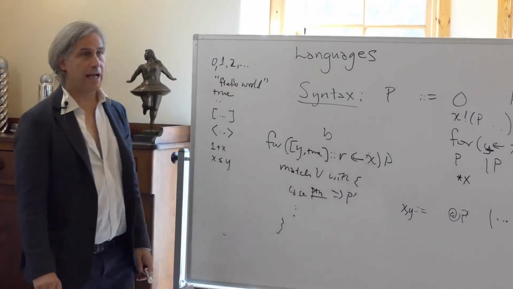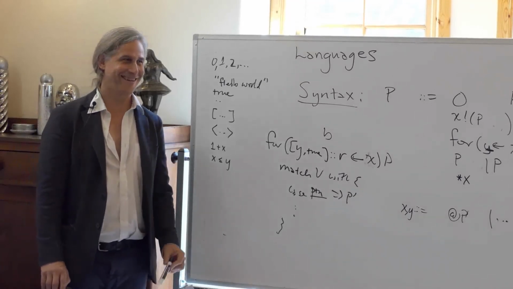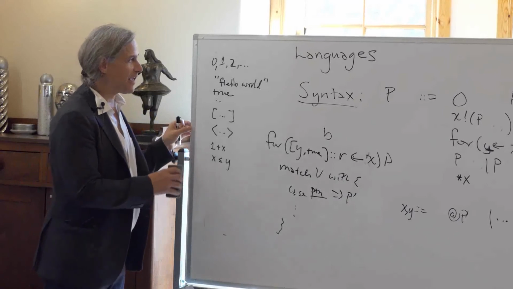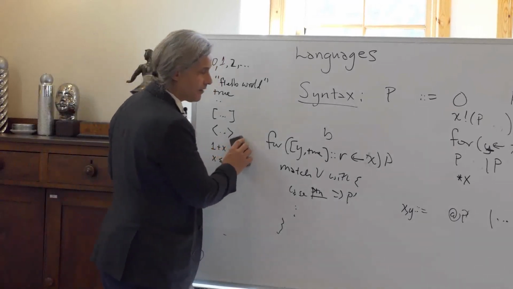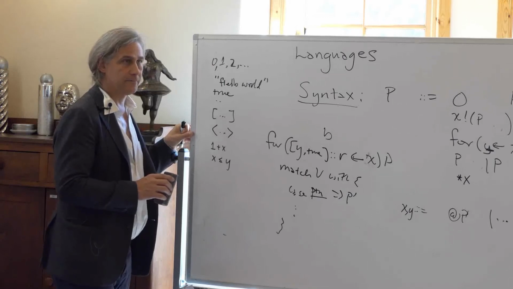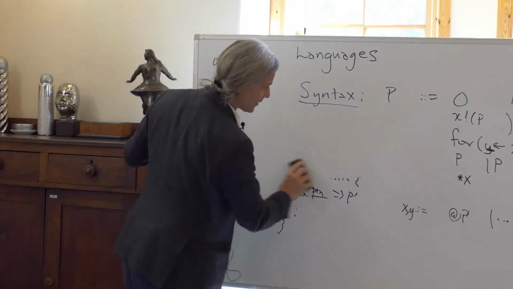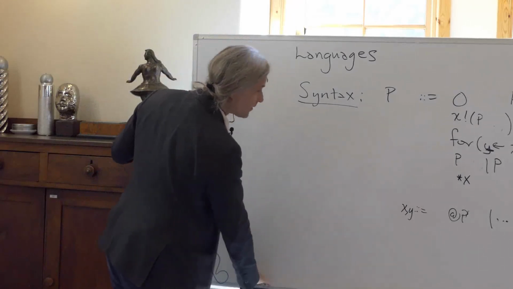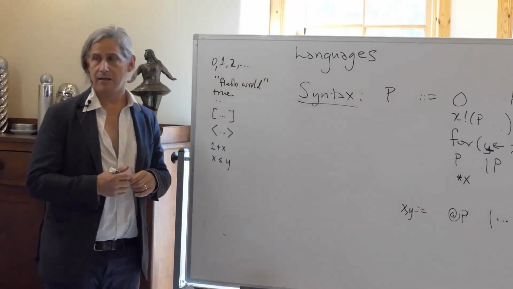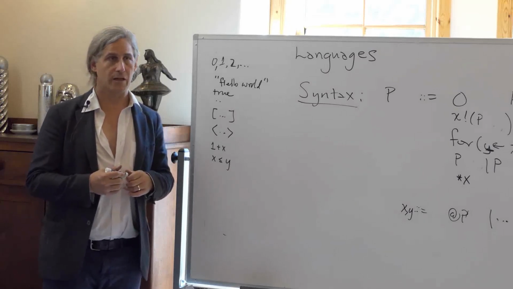So you may be asking yourself, all right, how do I do user-defined data types? It turns out that there's a quick and dirty implementation of JSON in Rholang.